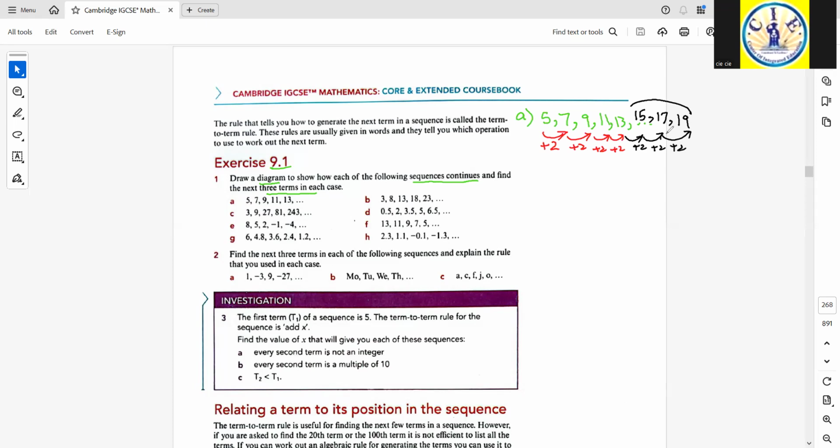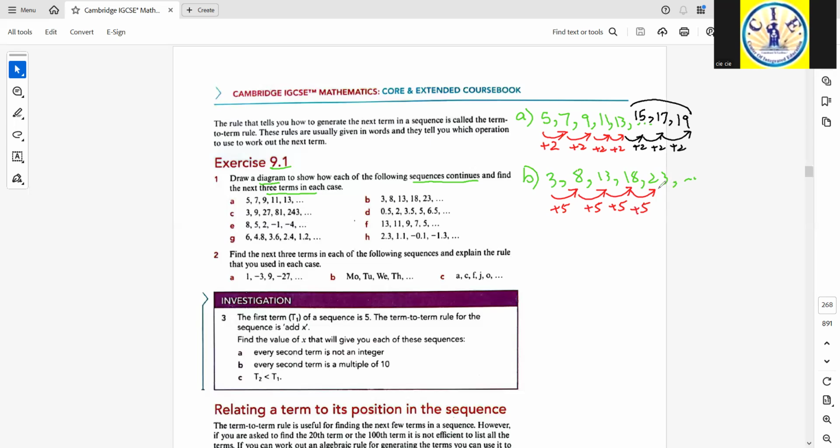Okay, now it's part B. 3, 8, 13, 18, 23, and so on. If we observe, we see 3 plus 5 is 8, 8 plus 5 is 13, 13 plus 5 is 18, 18 plus 5 is 23.